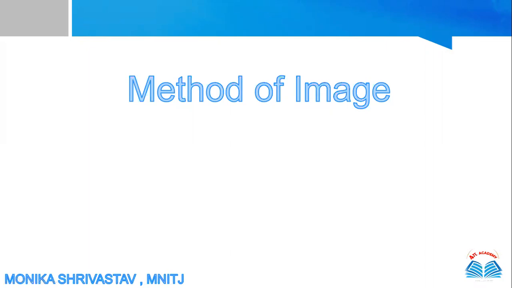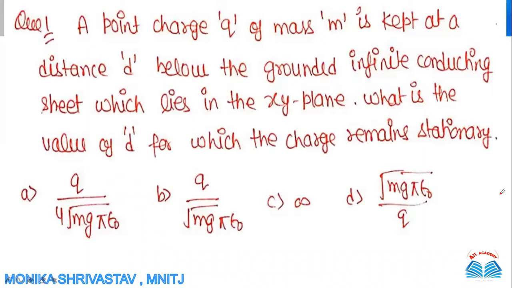So let me show you some questions, then I will ask you whether you are able to do them or not. So question 1 is, these questions are from my notes only. I have put some easy questions and then some average questions. So question 1 is, a point charge q of mass m is kept at a distance d below the grounded infinite conducting sheet.